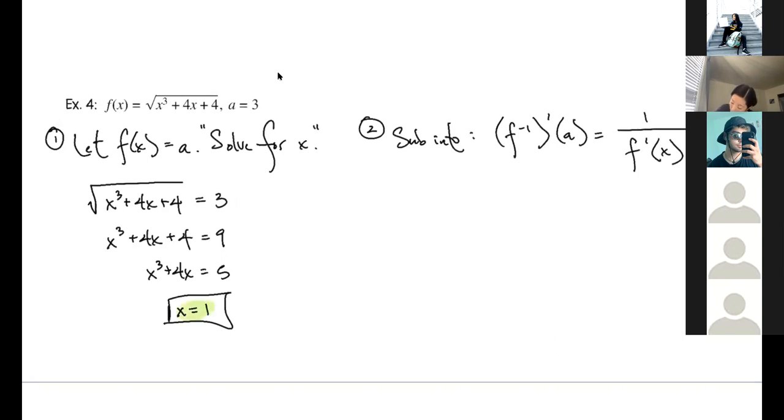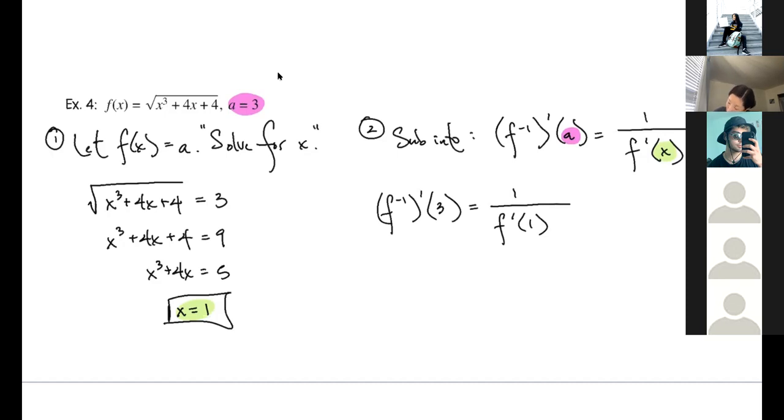So this x value is this x value, and this a value is this a value. So let's sub in. We've got the inverse function derivative at 3 equals 1 over f prime of 1.